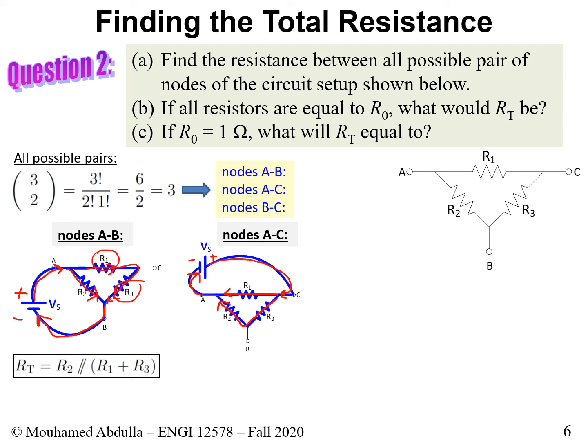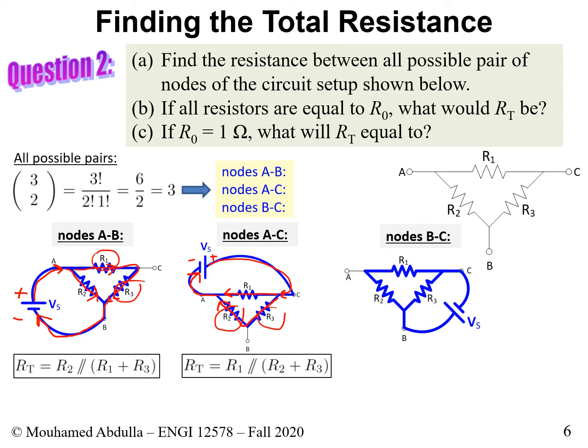So if you notice in this case, R2 and R3 are in series, and the result that you get is in parallel with R1. So that's exactly what we got, R2 and R3 in series, and the result that you get is in parallel with R1, and that gives you the total resistance between node A and C.